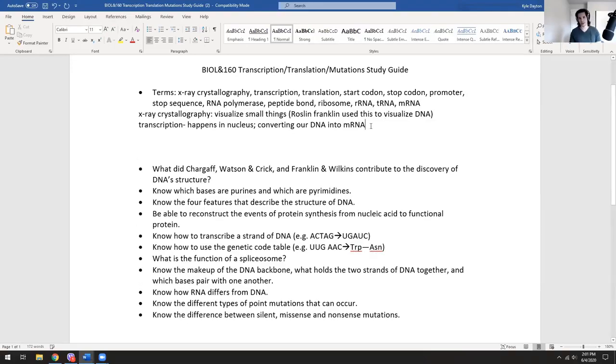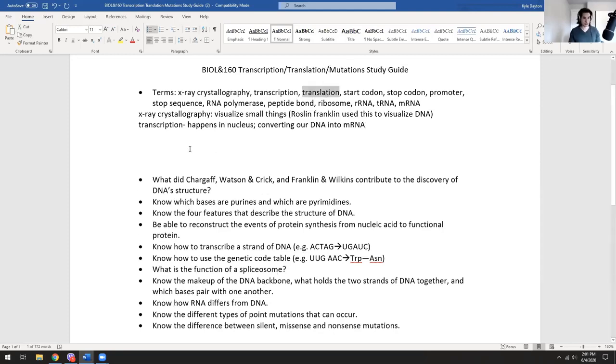We know that that's orchestrated by RNA polymerase. Translation occurs in the cytoplasm, and that's going to be converting mRNA into protein.